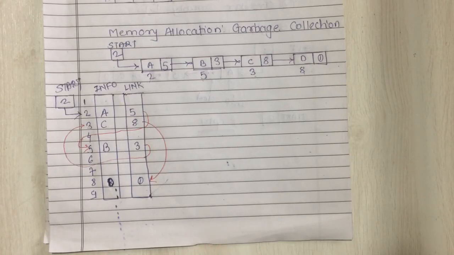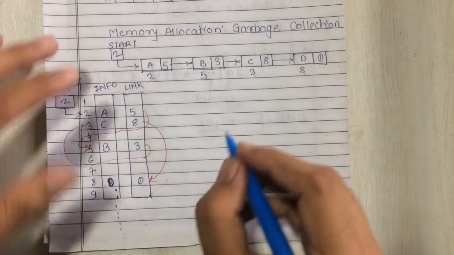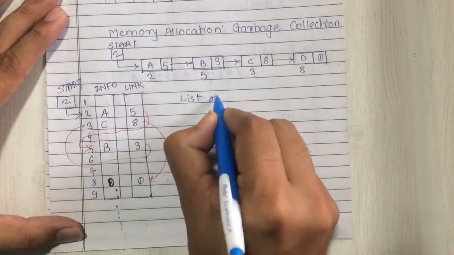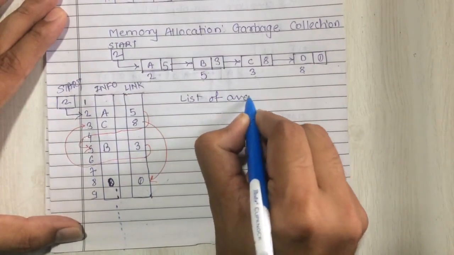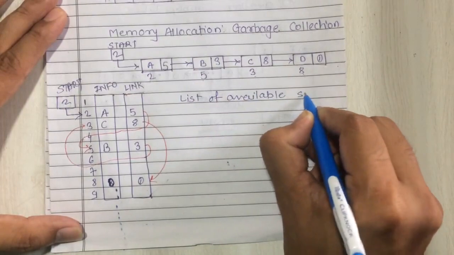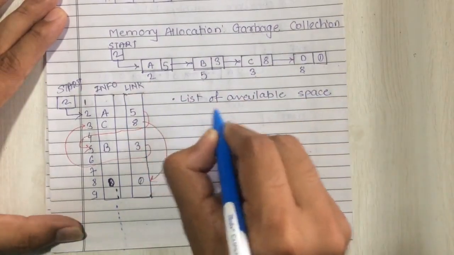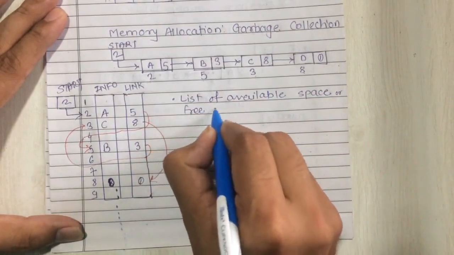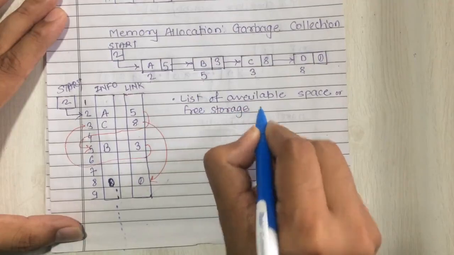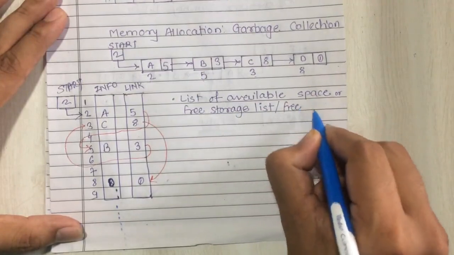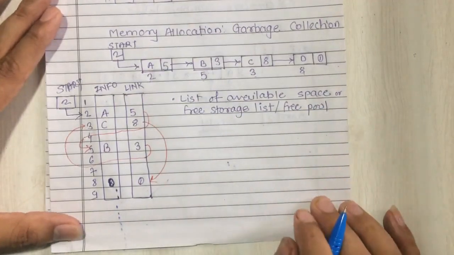To maintain this unused memory, we require one special linked list, and that linked list is called the list of available space. It is also called the free storage list, or we can also call it the free pool.